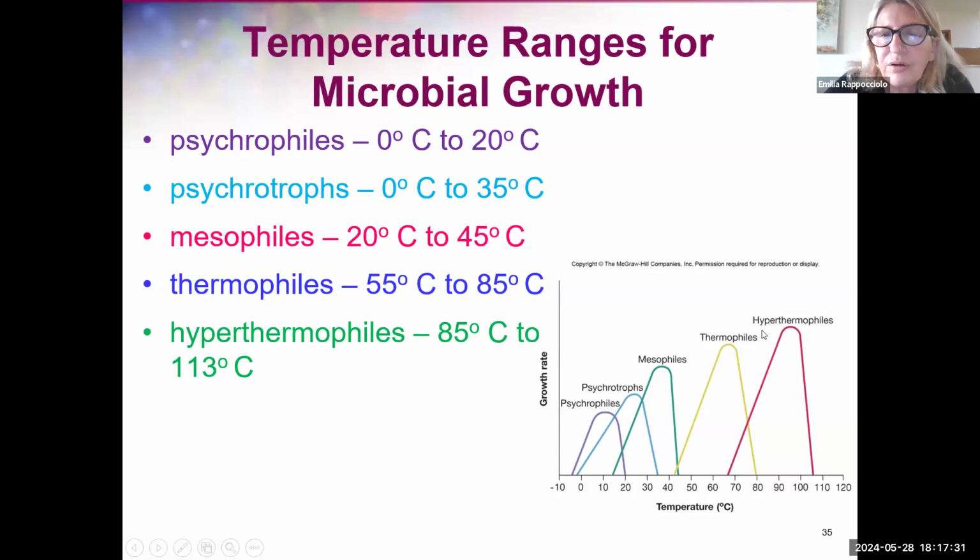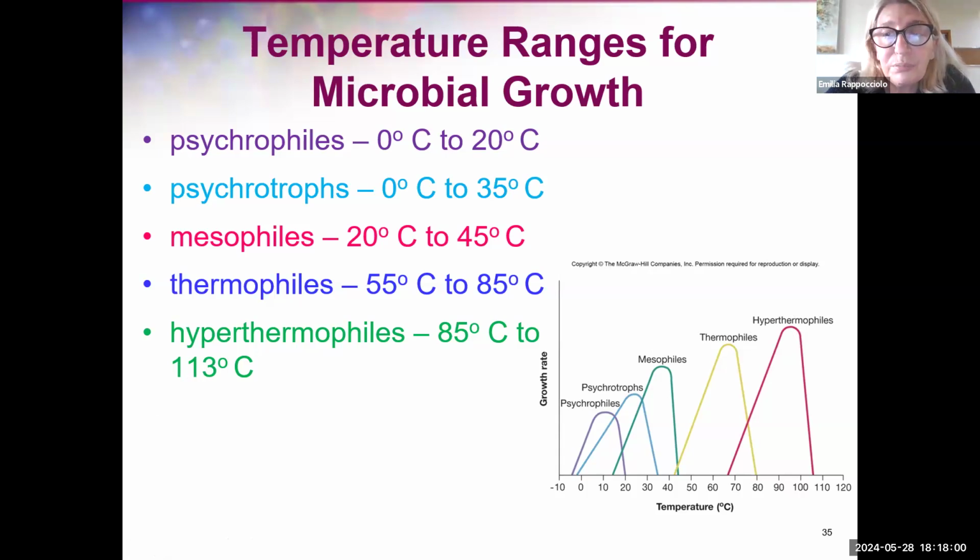And even though their optimal temperature usually is around 90, 92, 93 degrees, they can tolerate higher temperature, and one species has been isolated that can survive 115 degrees, actually.